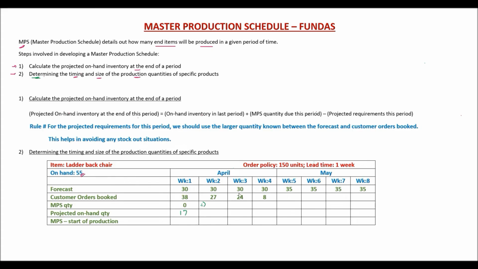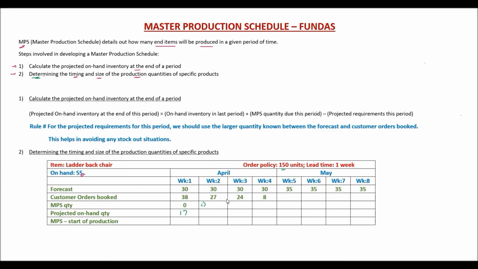Now what has been given here is that the order policy is for 150 units. So basically, it is most optimal for your production facility to produce a lot size of 150 units. So every time you run the production line, you will have to produce 150 units. And the lead time is 1 week. That means if you want the material to be available in week 2, then it has to be produced in week 1.